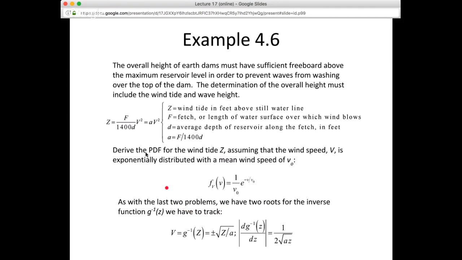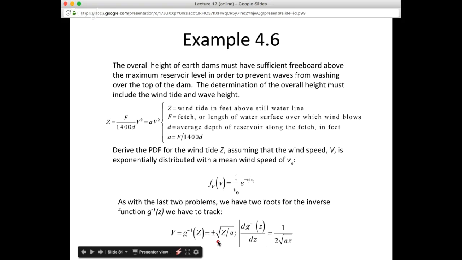If we go back to the functional relationship between z and v, it's z equals a v squared. When we take the inverse, v is equal to the square root of z over a, and of course we'll have a plus and minus out here. So we've got two roots for the g inverse of z, plus or minus the square root of z over a.